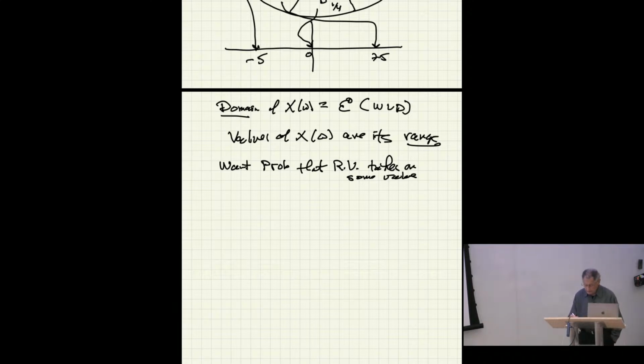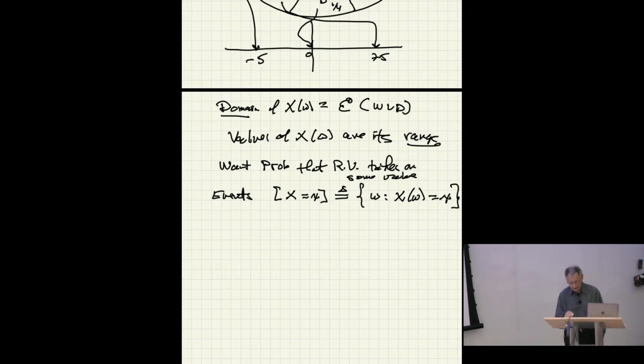Okay? The event that we're talking about, say x, the random variable, equals some value, little x, that's a number, is defined as those sample points, omega, such that x of omega equals this number, little x.